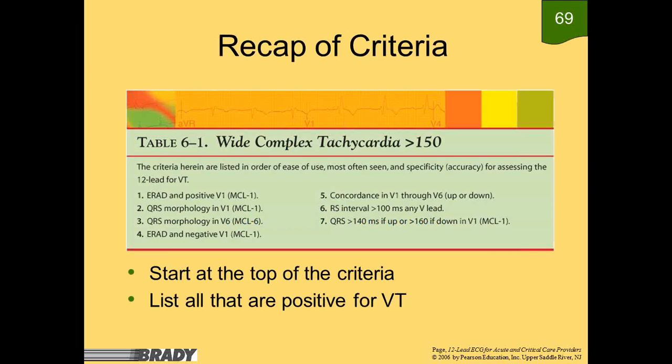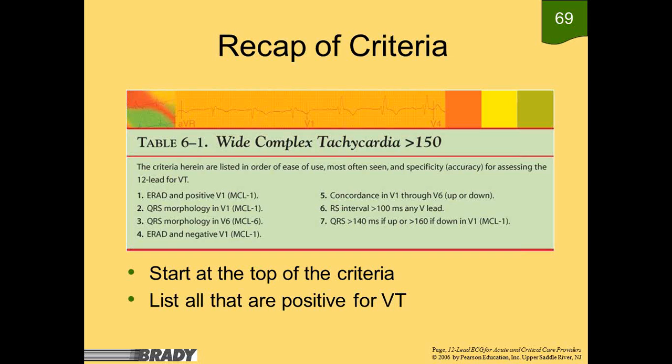A couple other things I want to talk about. In the book it mentions the Cannon waves, Cannon A waves. So if you're looking at your patient and you notice pulsations in the jugular veins, but they're not regular, they're not coinciding with the heart rate or with the monitor, if you just get this random pulsation in the jugular veins, those are called Cannon A waves.